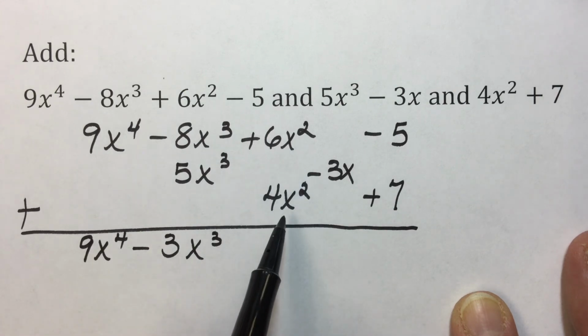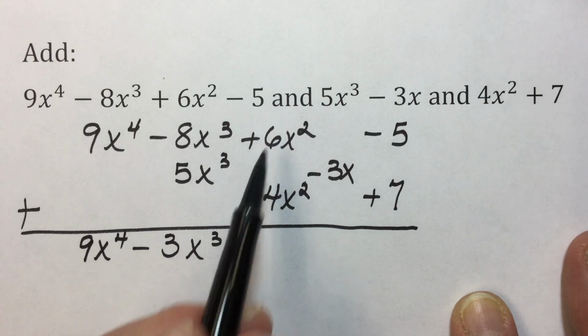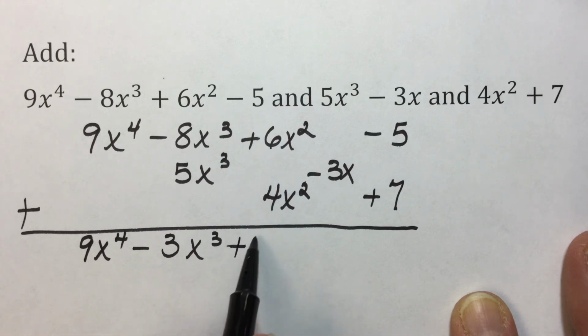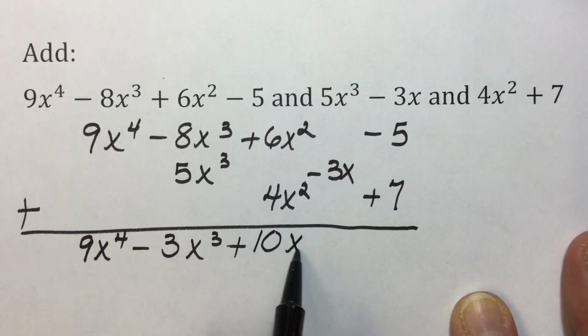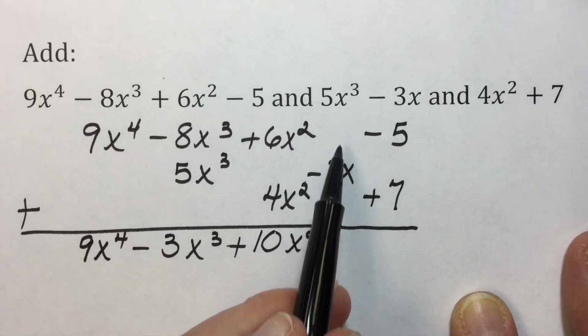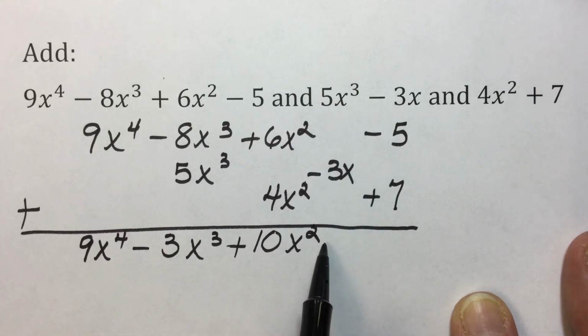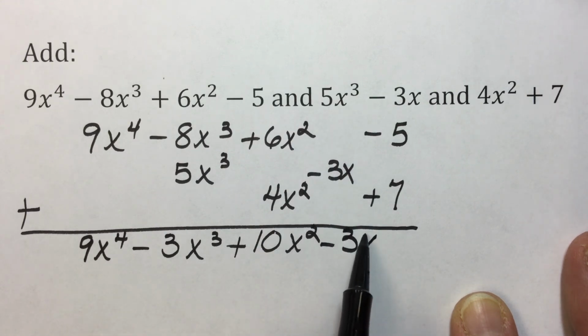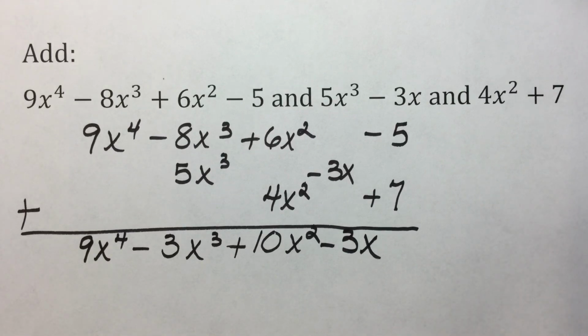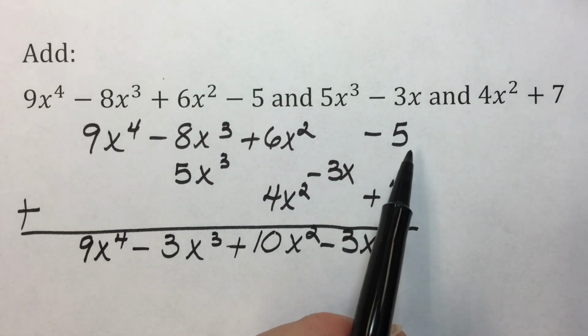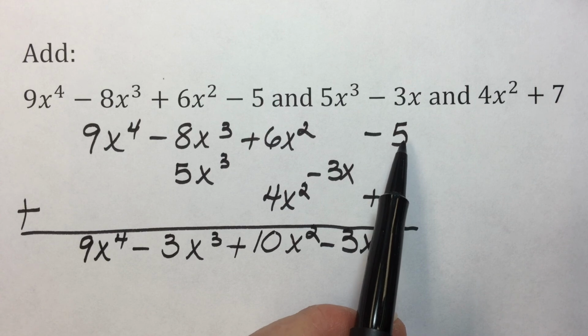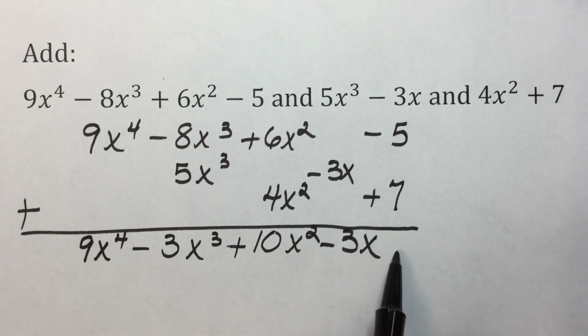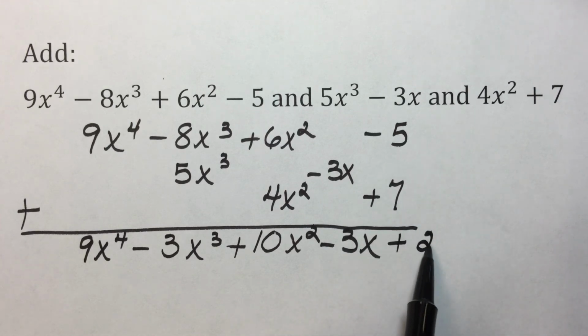Here we have similar terms with our x squared, 4 and 6 give us 10x to the second power. There is no other term to combine with the x terms. We have simply negative 3x, and our constant terms, when combined, negative 5 plus 7 results in a positive 2. Thus, we have the sum for the addition of those three polynomials.